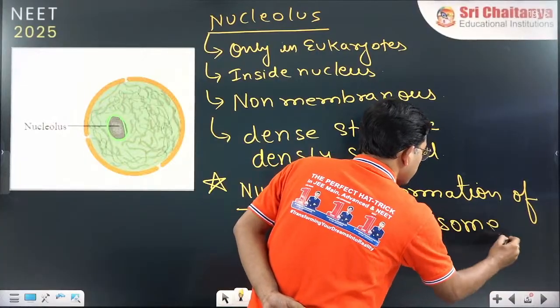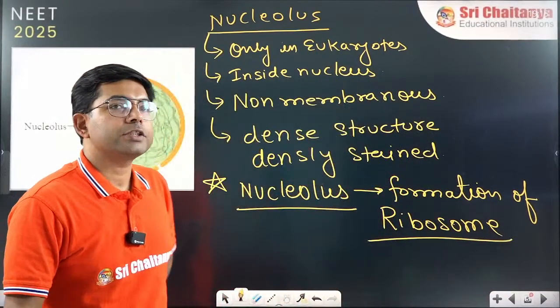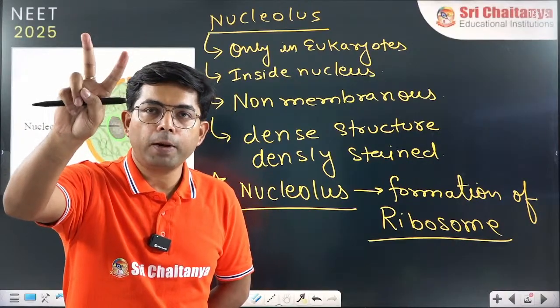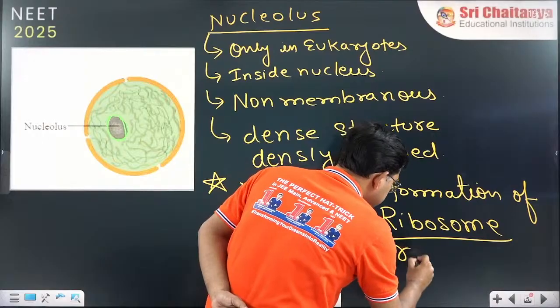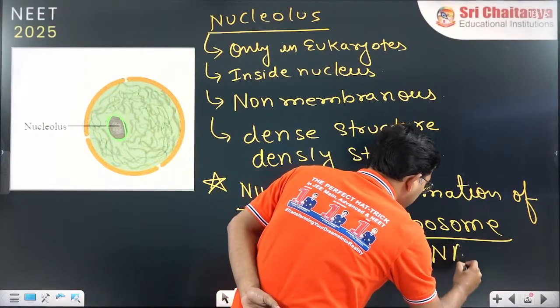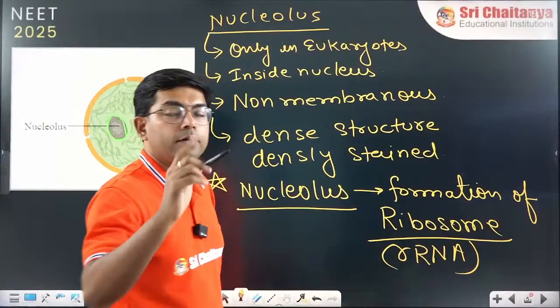Now, ribosome, earlier we have studied, is made up of two parts. It is made up of rRNA and protein.